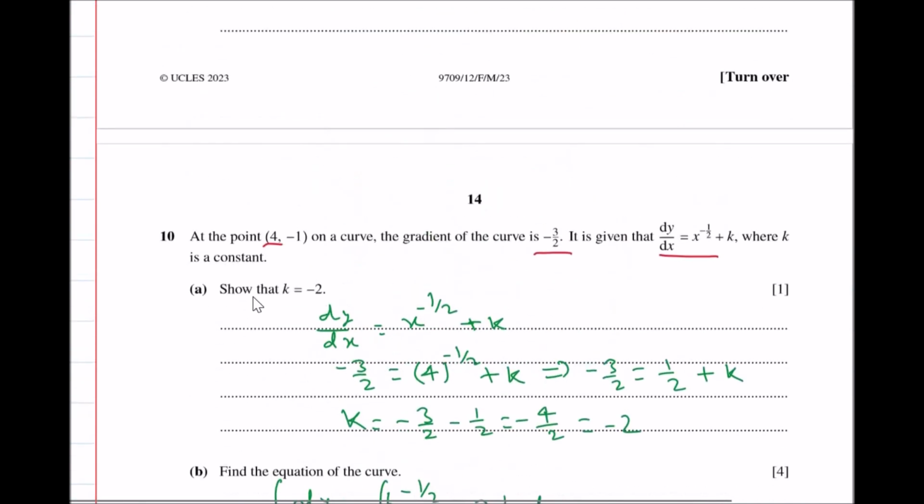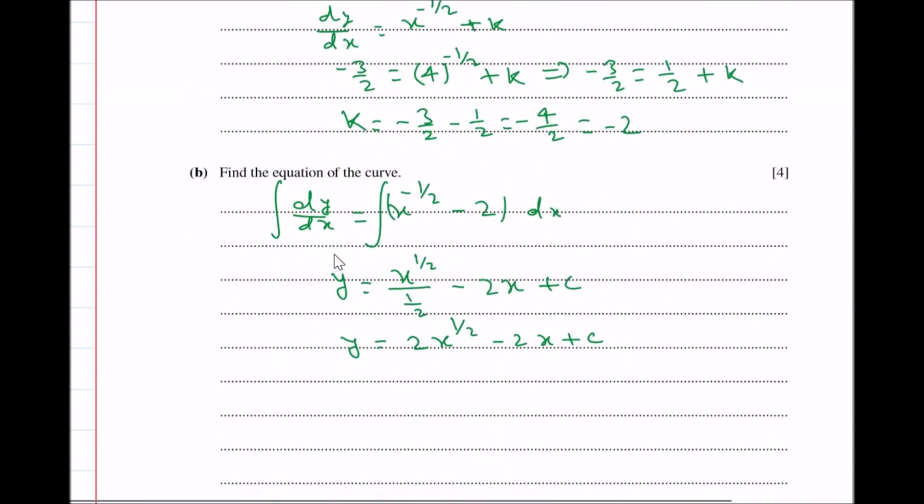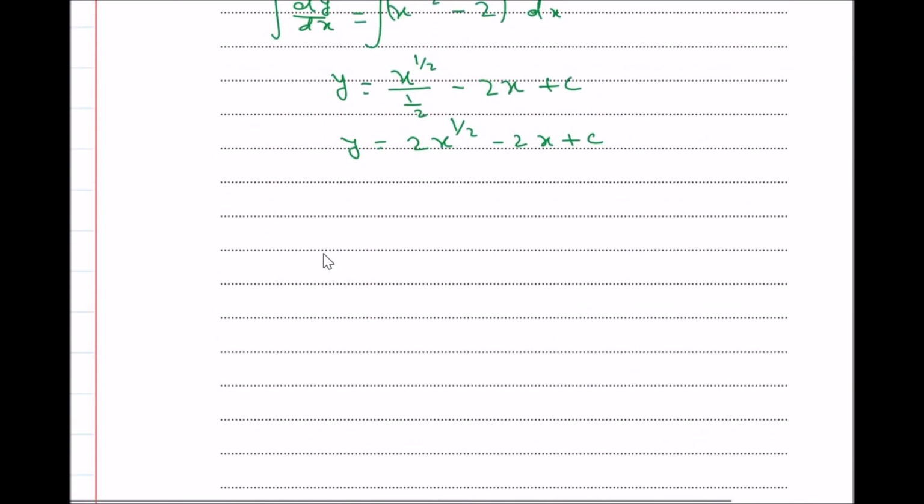For that they have given one point here, 4, minus 1. So we'll substitute x equal to 4, y equal to minus 1. So let's substitute: minus 1 equal to 2 into 4 to the power half minus 2 into 4 plus c. 4 to the power half is 2, 2 into 2 is 4, and minus 2 into 4 is minus 8, plus c.